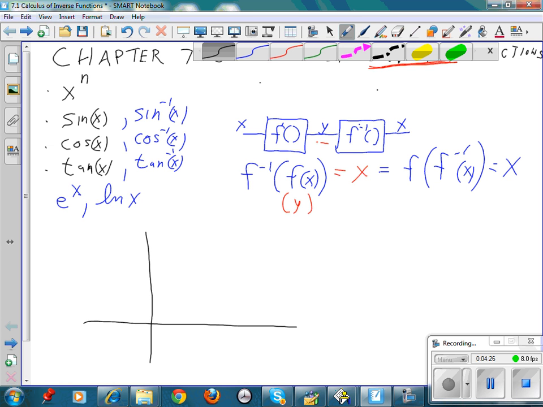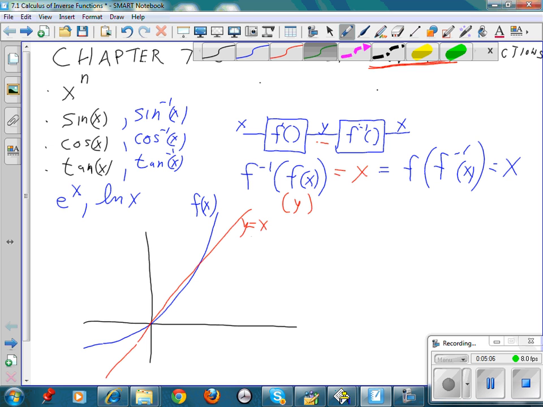If you draw a function that has an inverse, and I draw that function here, if this is f of x, the inverse has to be a reflection about the y equals x line.